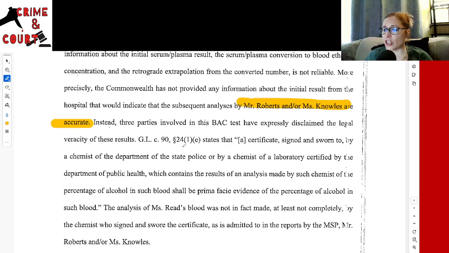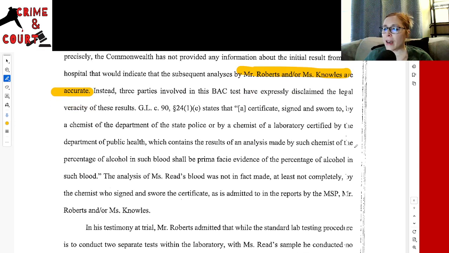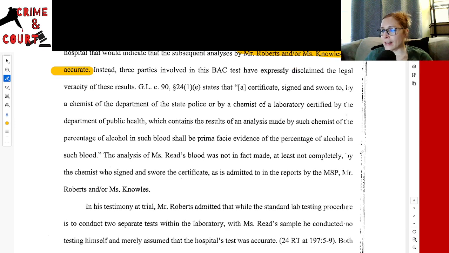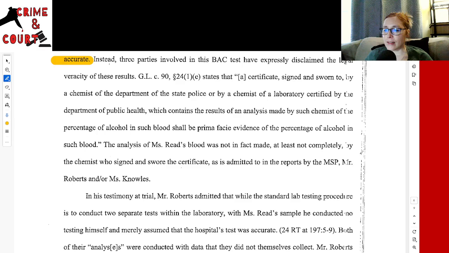GL 90, Chapter 24 states that a certificate signed and sworn to by a chemist of the Department of the State Police or by a chemist of a laboratory certified by the Department of Public Health, which contains the results of an analysis made by such chemist of the percentage of alcohol in such blood, shall be prima facie evidence of the percentage of alcohol in such blood.